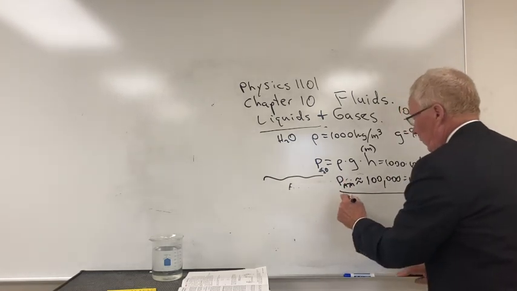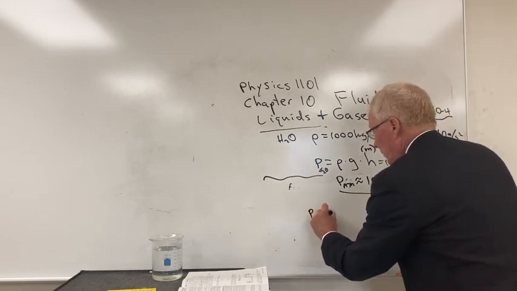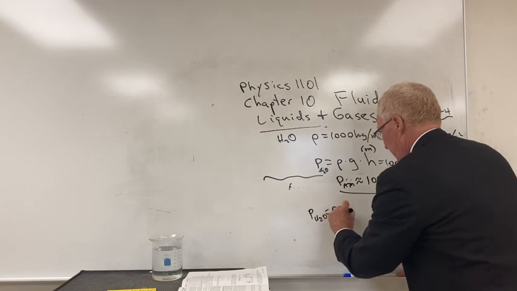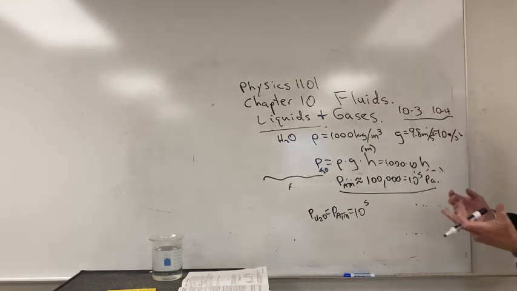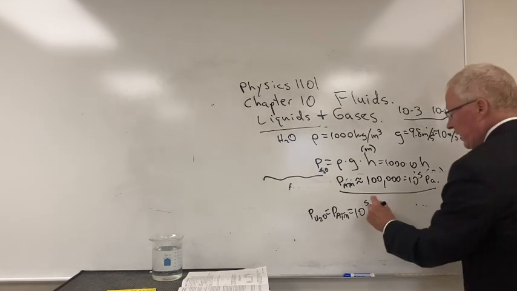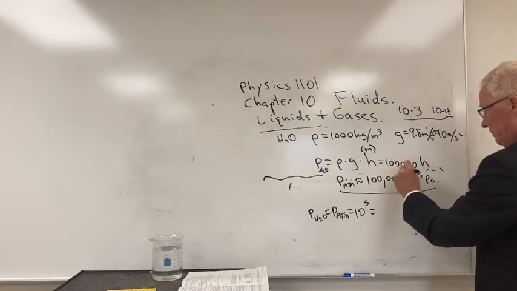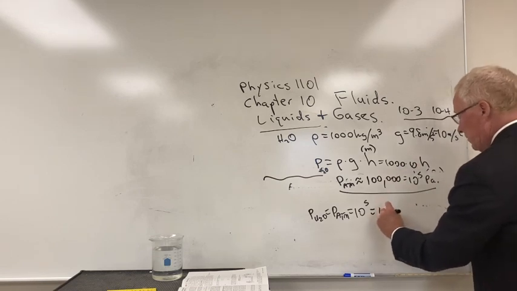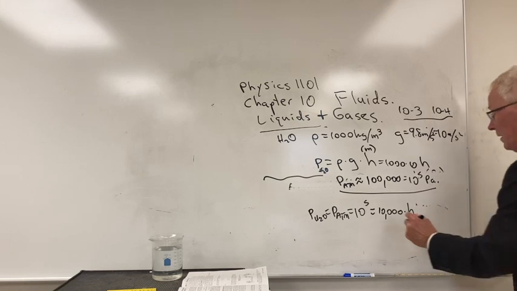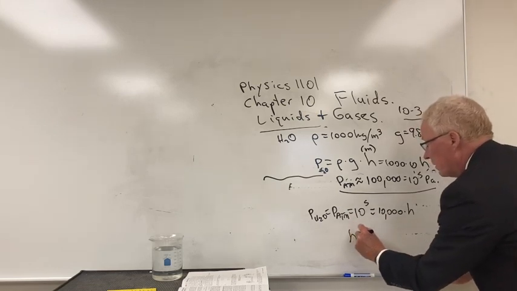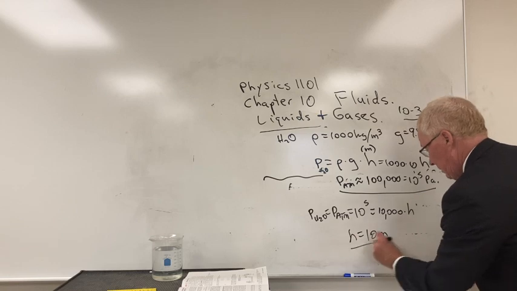Well, we'd have P H2O equals P atmosphere equals 10 to the 5th. Again, we're just being approximate. We don't need to be exact. It's about 10,000 times H. Now, if we solve for H, that would mean H is about 10 meters.